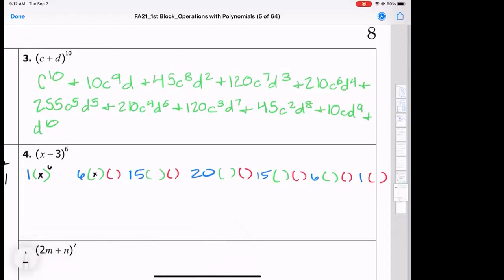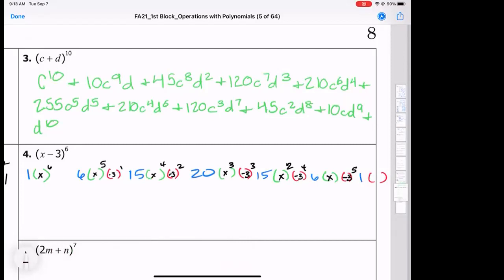We have x to the 5th power, -3 to the 1st. x to the 4th power, -3 to the 2nd. x to the 3rd power, -3 cubed. x to the 2nd power, -3 to the 4th power. x to the 1st power, -3 to the 5th power.